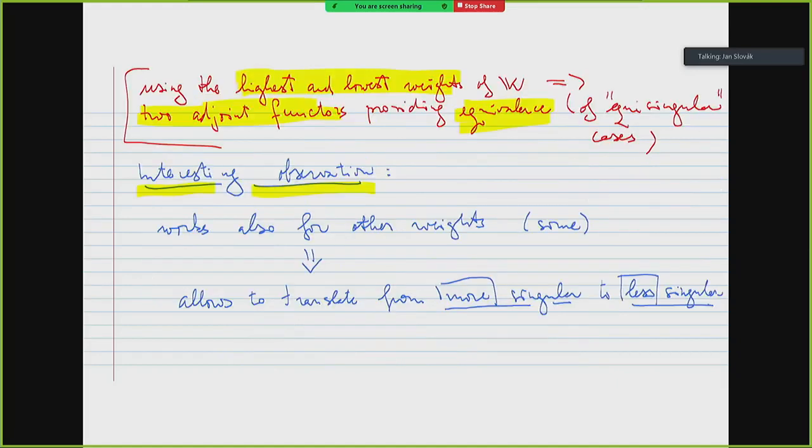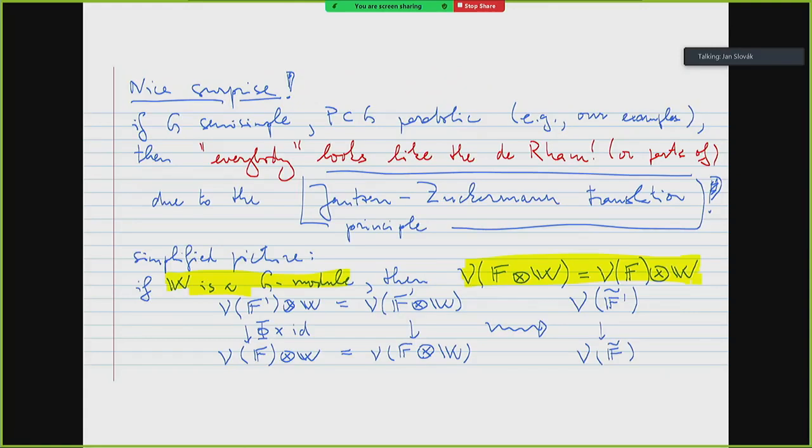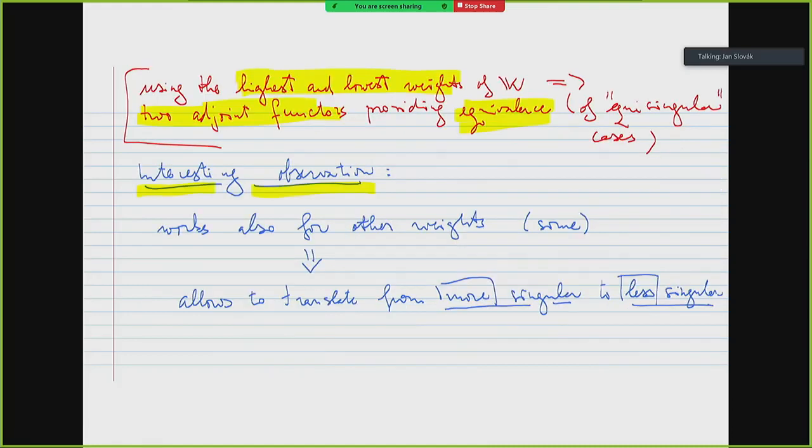And there we find out that not only if we take the highest weights of W or the lowest weights of W, the mechanism always works, but moreover, what we get is two adjoint functors which provide equivalence of categories.